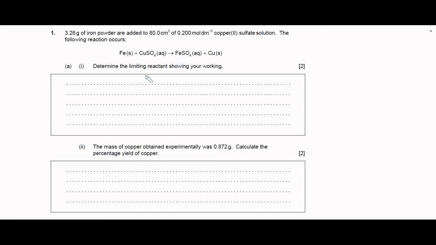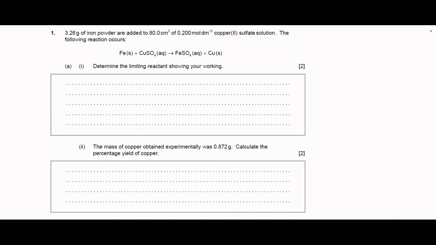We are asked to determine the limiting reagent with the working, then find the copper obtained as the product. Thereafter, we are asked to calculate the percentage yield of copper. For that, we are given the information that when the experiment was conducted, 0.872 grams of copper was obtained.